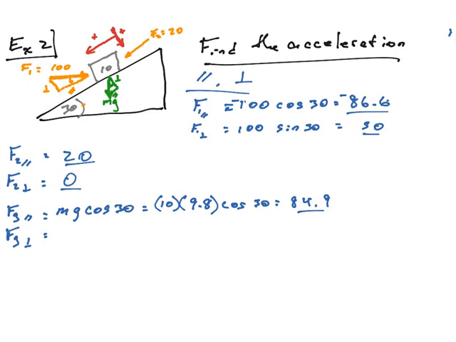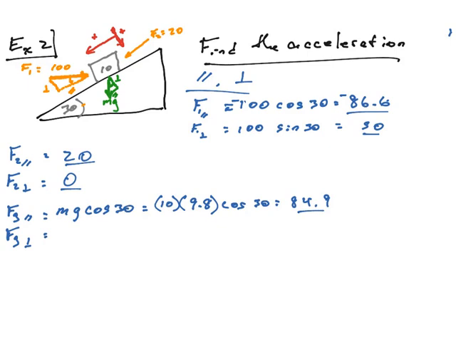Is this positive or is this negative? All right, let's think. Gravity is pulling down. So that makes my block want to move down the plane. I chose down the plane to be the positive direction. Gravity makes my block go down the plane, the positive direction. So this force is positive. So good. I don't have to put a negative on it.